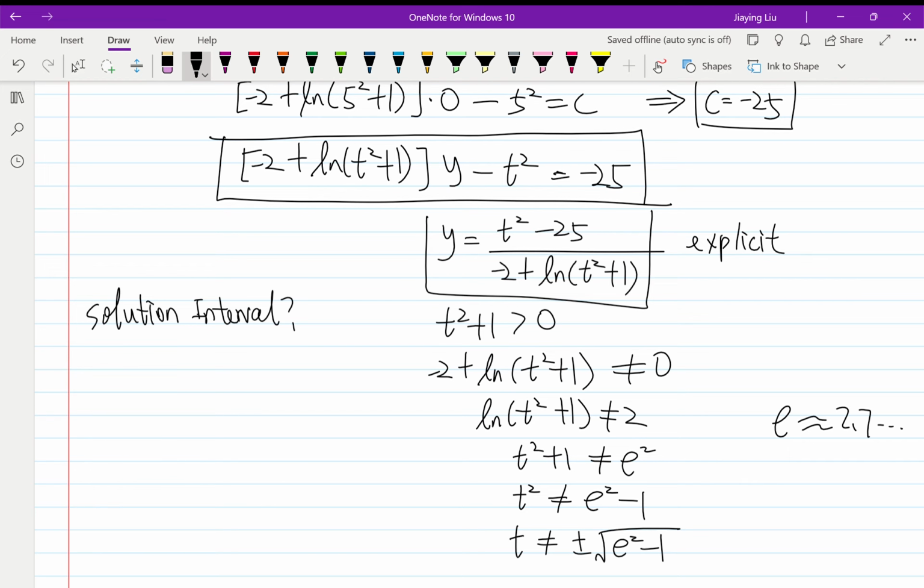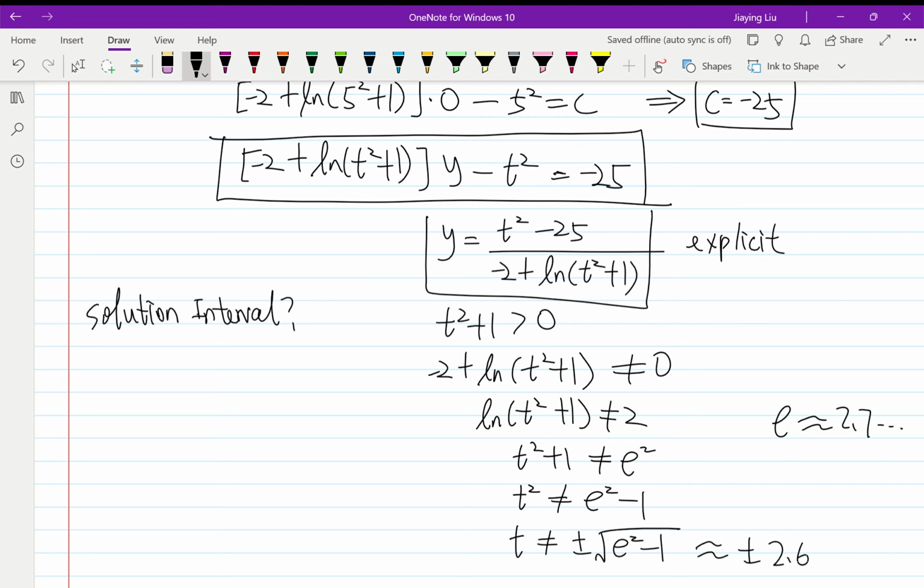To be honest, I don't know exactly what e² minus 1 is, but I know this number is less than 9 minus 1, which is 8. But we can just round it to 9, for example. So the square root is going to be somewhere between 2.5 and 3. I'll just say 2.6-ish.